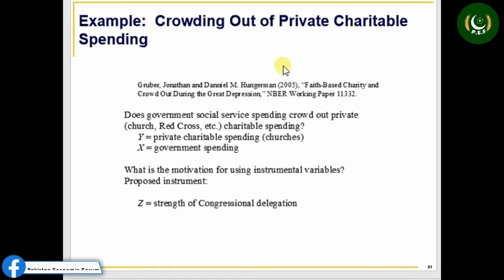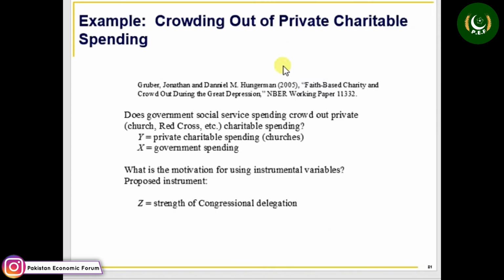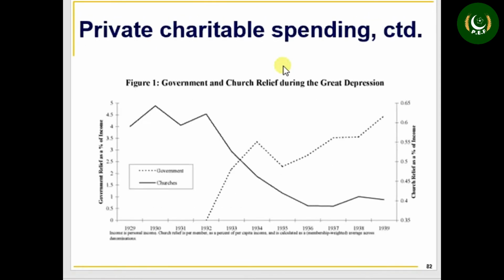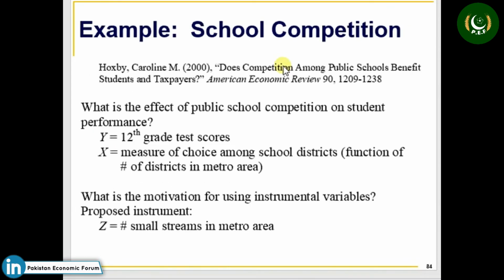Similarly, you can study the crowding out of private charitable spending, whether when government spends more, it leads to crowding out of private charitable giving. You can read this NBER working paper. Similarly, there is another one on whether school competition is good, does competition amongst public schools benefit students and taxpayers.